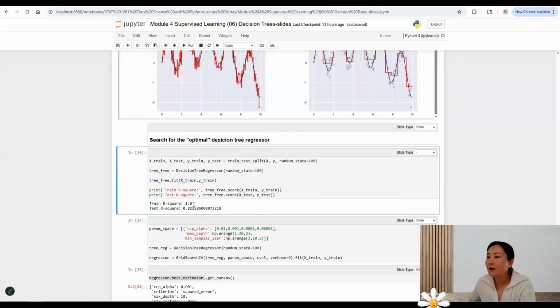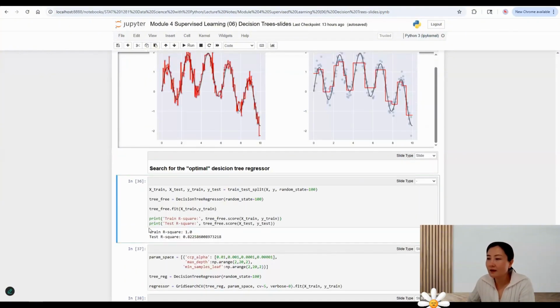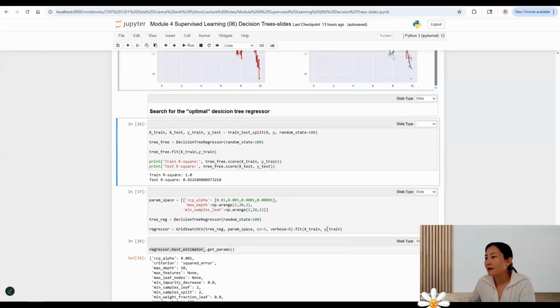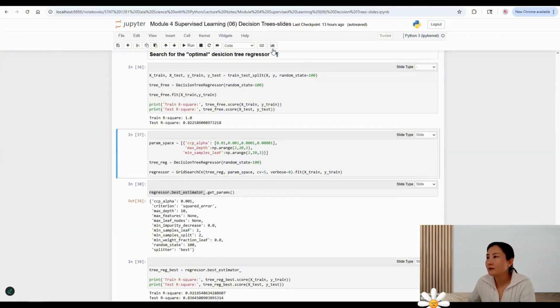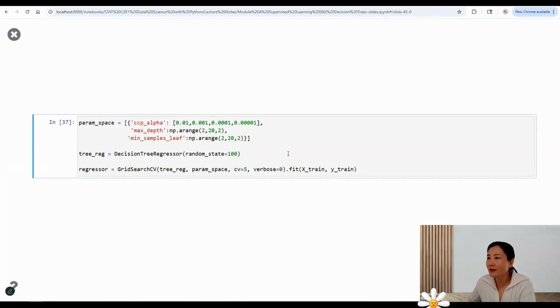The R square for the training set is 1, 100%. But the R square for the test set is only 82.25%. So this is clearly a sign of overfitting. Now let's see how to tune the tree.